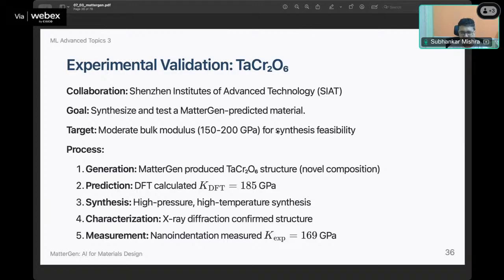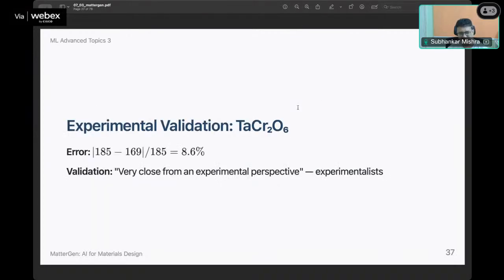So what did MatterGen do? It produced, okay, I'm probably not the best person to pronounce that structure. But once they produced this particular structure, DFT calculated its bulk modulus, and then it was synthesized, with high pressure, high temperature synthesis, characterization was done, then finally measurement was also done, and they say, okay, whatever we predicted is very close from an experimental perspective.